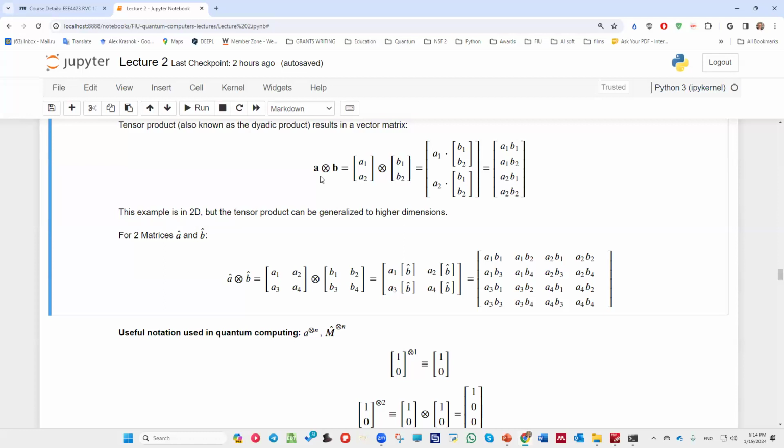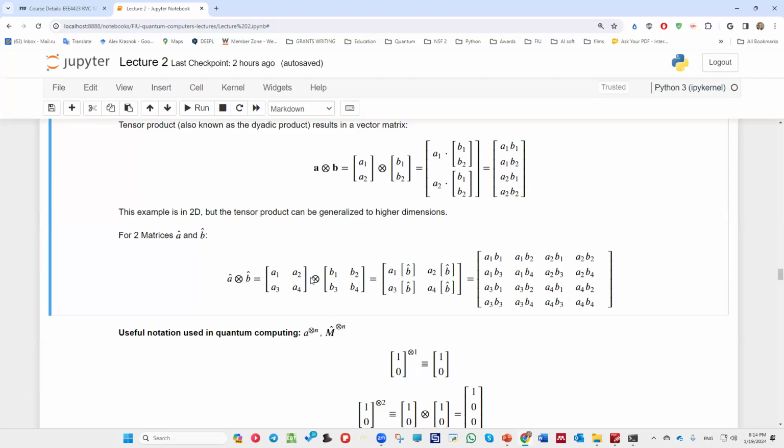Not only vectors, but also matrices and tensors need this generalization, right? Because if I have a matrix that acts on a vector, and then I generalize this vector to the space of 4 dimensions, then I also need to generalize the matrix to the space of 4.